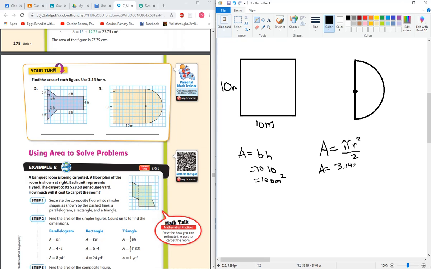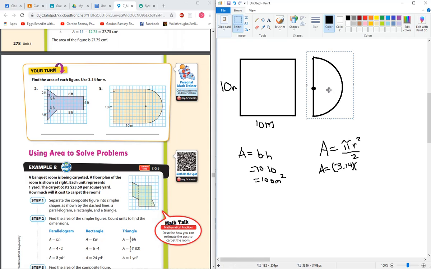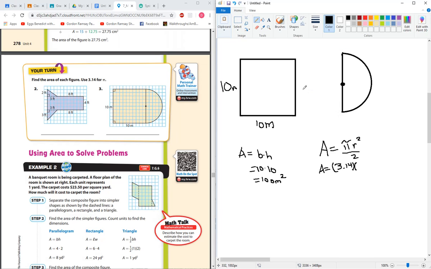3.14. Now, how do I get my radius? Well, I know that the diameter here is the same as the length of the square. If you remember, the radius is just half the diameter. So if you want to get radius, you just take the diameter and you divide by 2.